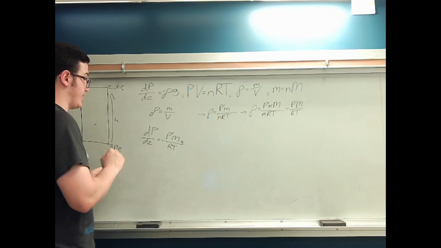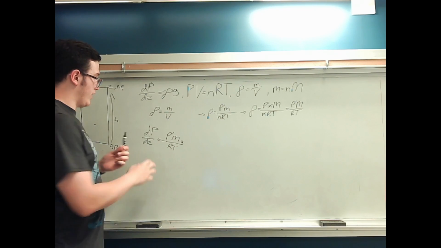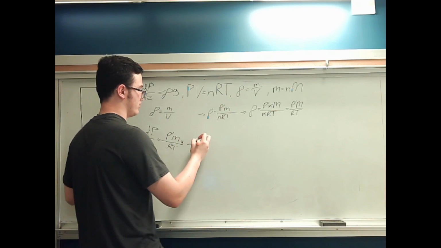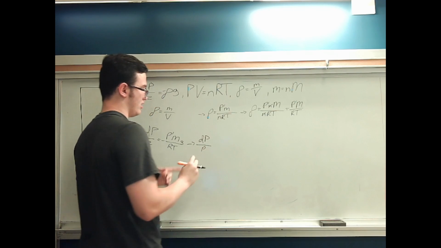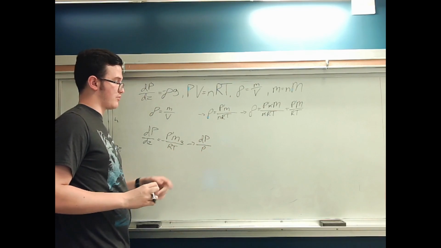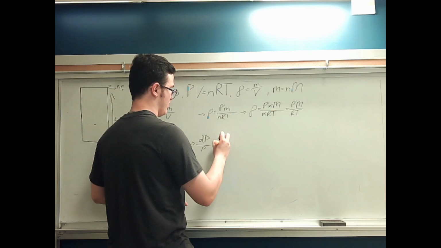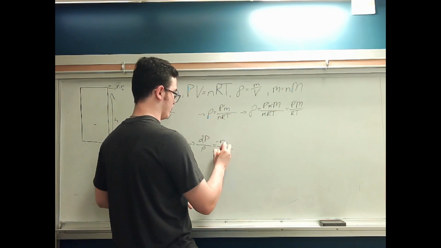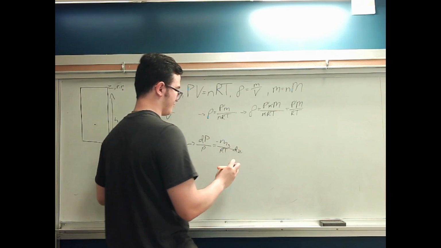And with this, we have a little differential equation, where it's separable, so we can separate it and go to dP over P is equal to negative Mg over RT dz.